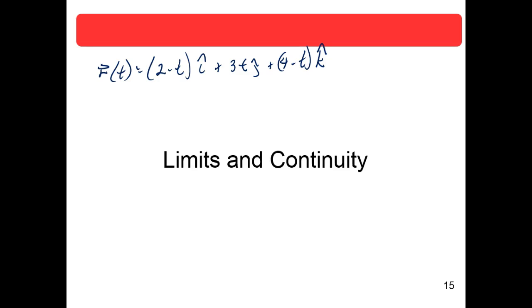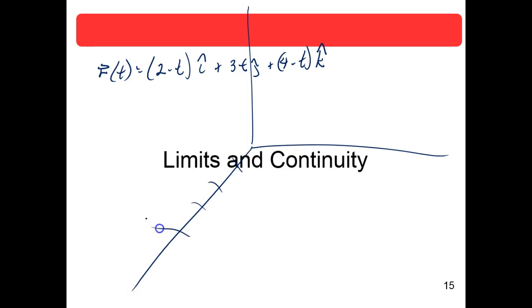Now, let's do a drawing of that one. I think that's what they're going to have us do. Won't be able to come out too far here, but we'll do a few places. Okay. Give me a t. Let's start at 0. What would you have? 2i, 0j, plus 4k.